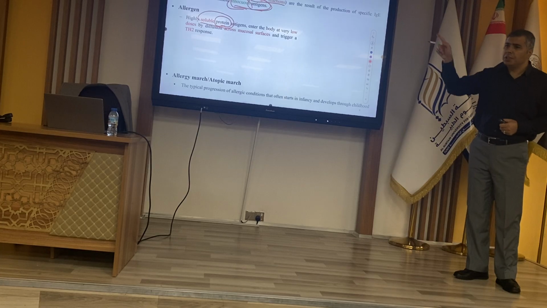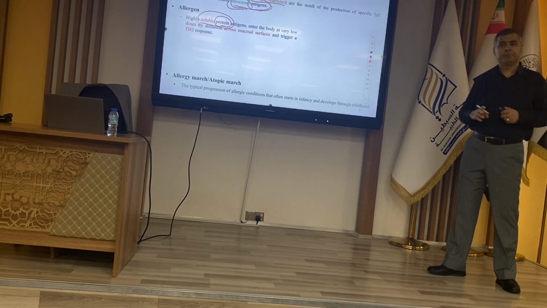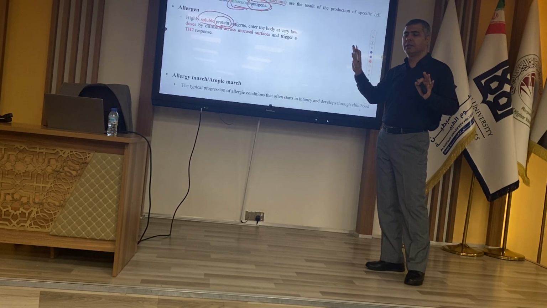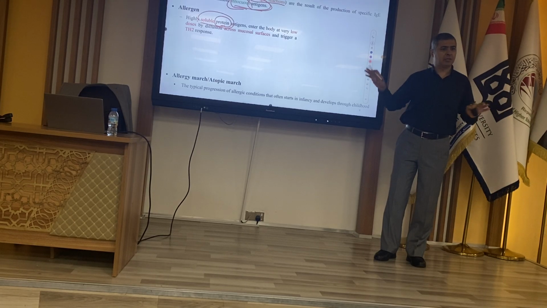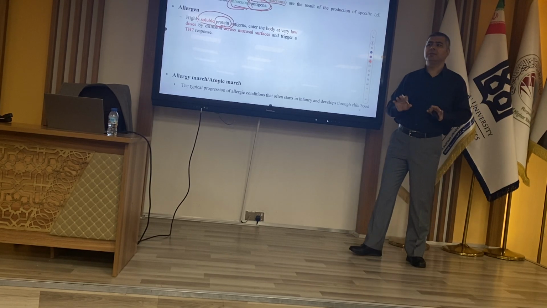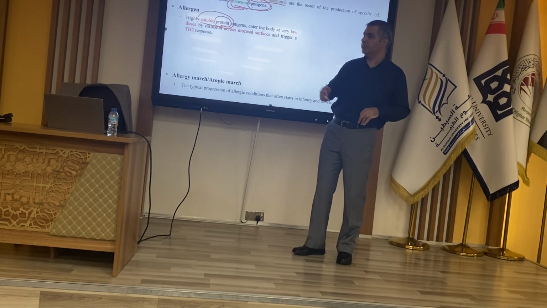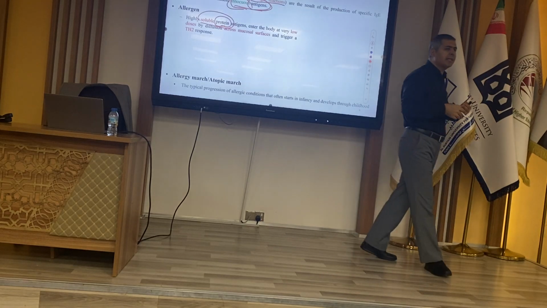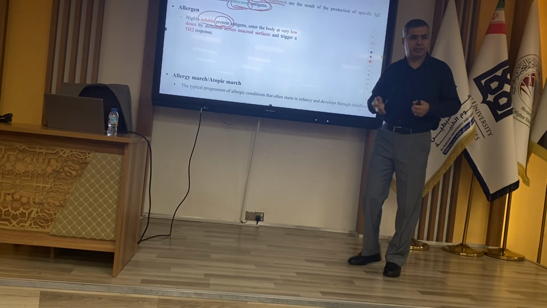Whenever, in all immune responses generally, not just here, we have antibodies other than IgM, such as IgE, IgG, or IgA, and here we have IgE, it means that we have had class switching. And class switching needs T cell help.